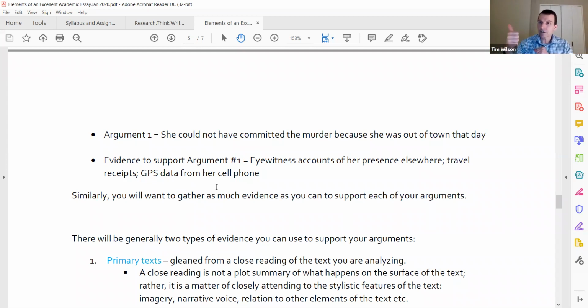I need evidence to support it, right? So evidence in this case might be eyewitness accounts, GPS data from the cell phone, credit card transactions, what have you. So the same with your thesis, arguments, evidence. So you've got a thesis, Satan is not the hero. Okay, that's a good thesis.